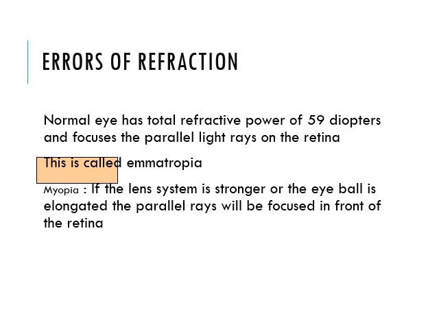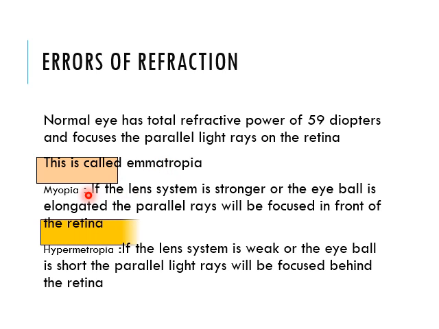Now, there are errors of refraction. Emmetropia is not an error of refraction; emmetropia refers to the normal refractive power of the eye. The errors of refraction are myopia, also called nearsightedness, where you can see near objects quite easily but not far objects, and hypermetropia, in which you can see far objects quite clearly but not near objects.